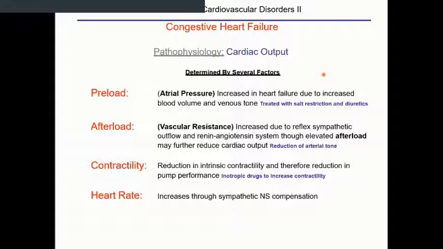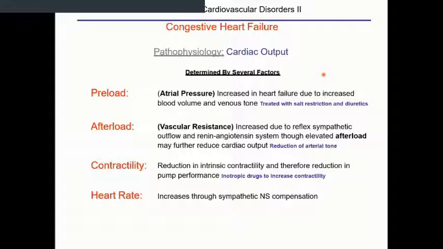The more dilated it becomes, the less effective will be the contractile forces. So therefore, the heart becomes much more inefficient in terms of contraction, and it reduces its performance in terms of contraction. So therefore, inotropic drugs can be used to increase contractility.